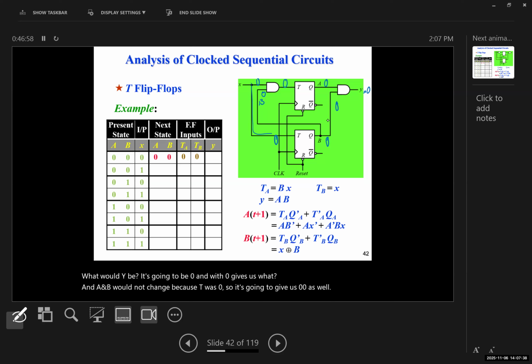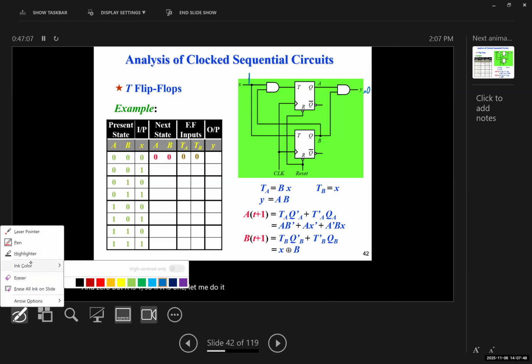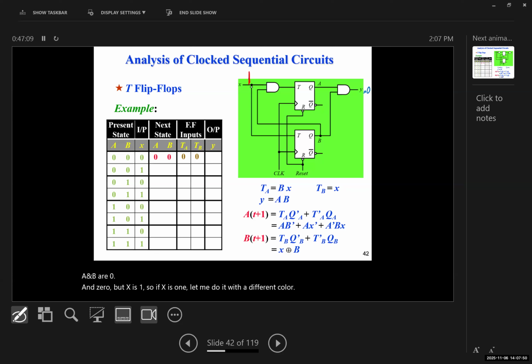Now for the next one, A and B are 0 and 0, but X is 1. So if X is 1, let me do it with a different color. So if X is 1, T is connected to X, TB, so TB would be 1. And initially B was 0. So 0 and with 1 gives us what? 0. So TA would be 0. Okay. And by the way, this first one, Y was 0.